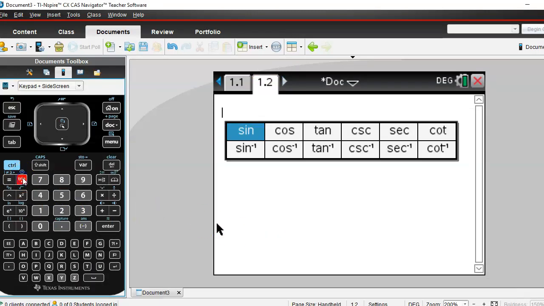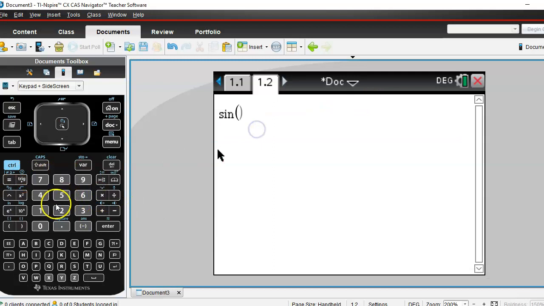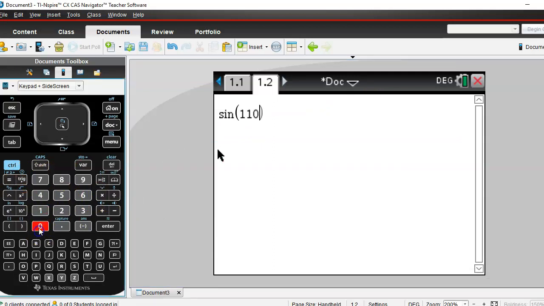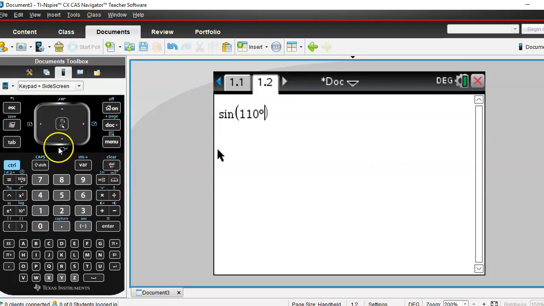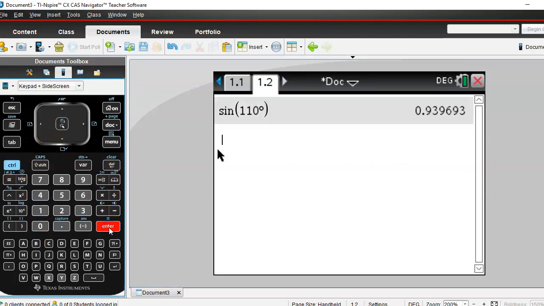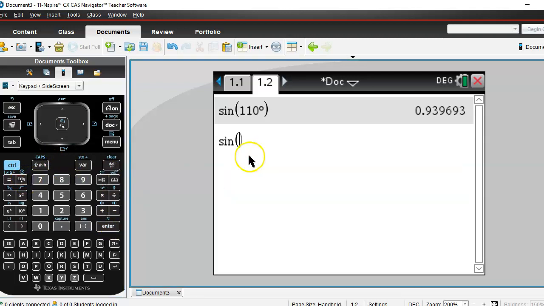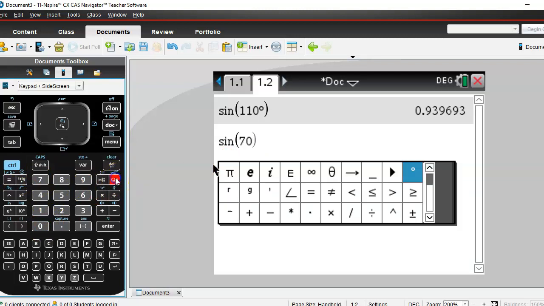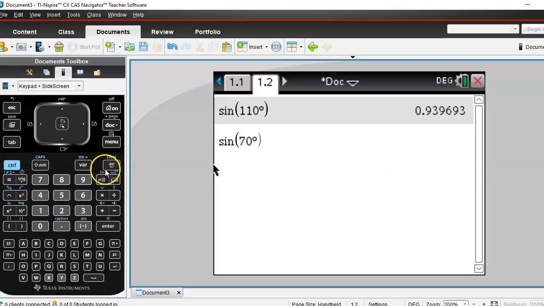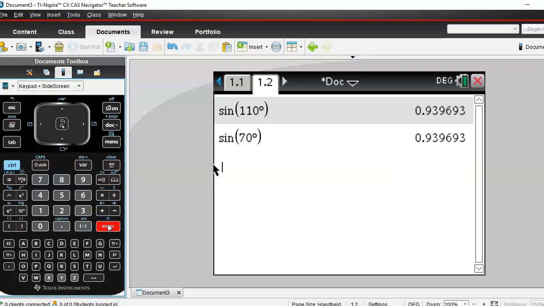Sine 110 degrees, Control Enter, 0.939, 69, yep. Sine 70 degrees, Control Enter. They are the same.